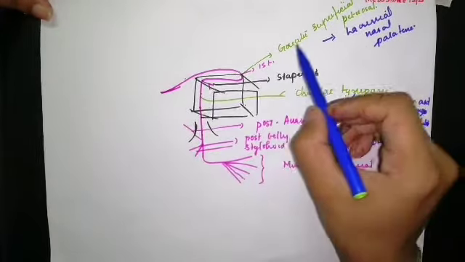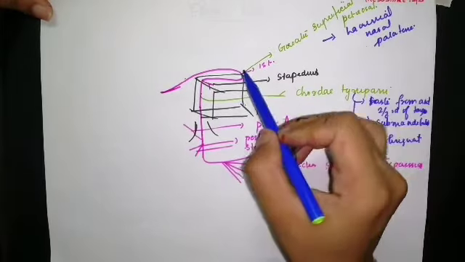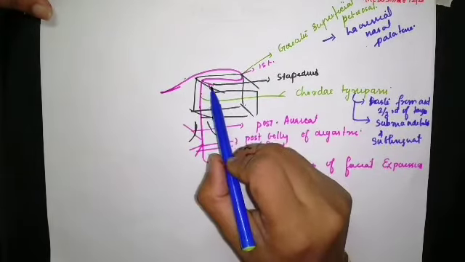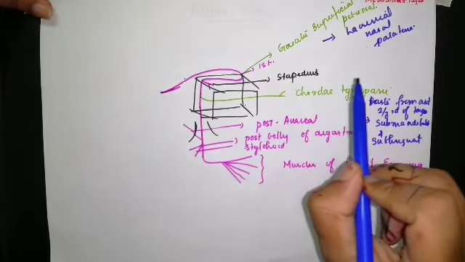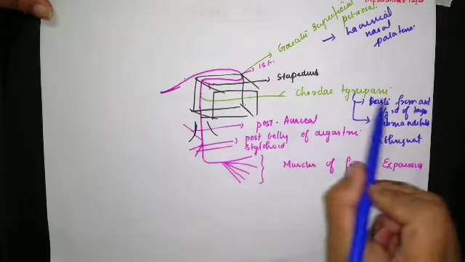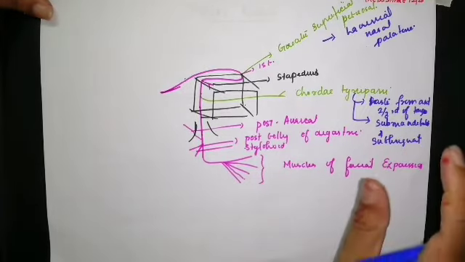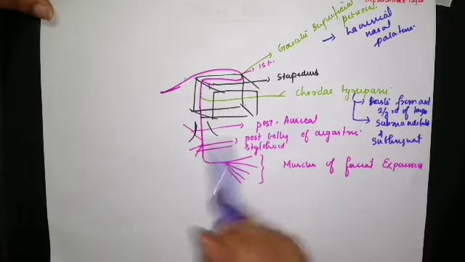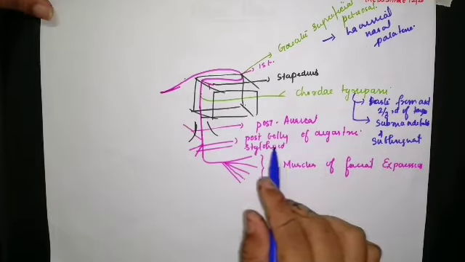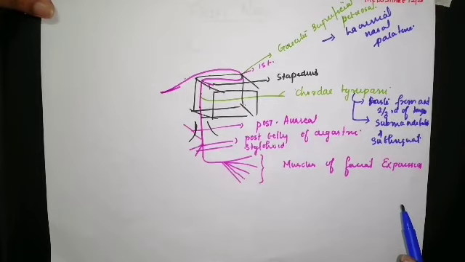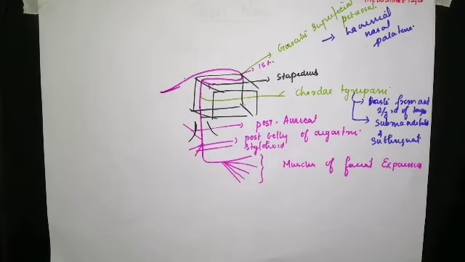So the branches are the greater superficial petrosal from the first genu; from the second genu, the stapedius, which is a motor branch, and the chorda tympani, which carries parasympathetic as well as sensory fibers. And the motor branches are the posterior auricular, to the posterior belly of digastric, stylohyoid, and muscles of facial expression. That is all about the facial nerve.